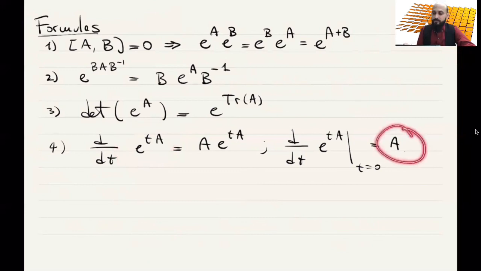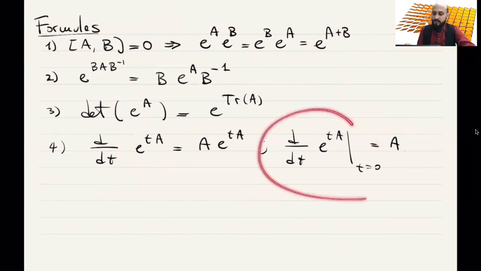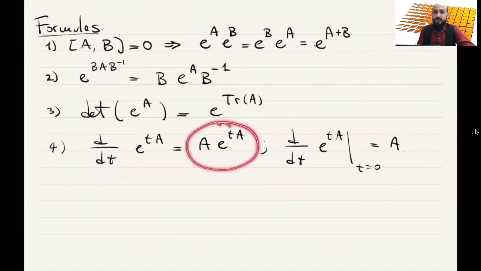This is the derivative at the identity, so it's A. And then at any other point, I just have the translation of A. Regarding these formulas, we will see that something more general is true. So we don't really need to prove them now, or maybe you have to prove them when we don't know the theory of Lie groups. But once you know it, you will see that these proofs are particular cases of more general formulas.